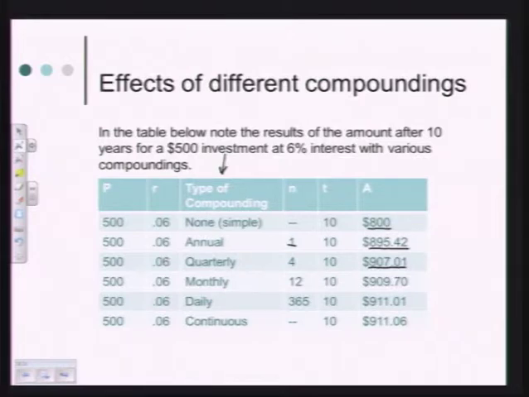And so he says, well, let's go 12 times. And he picks up another couple of dollars. Let's go daily, 365 times a year. He picks up another just over $1.30. And finally, when we thought that he would really pick up all kinds of money by going to continuous compounding, he really only picked up 5 cents over a 10-year period.